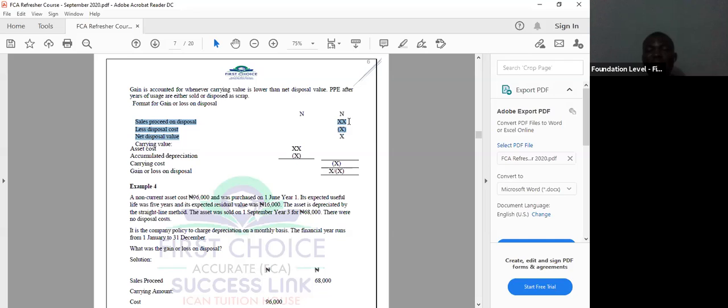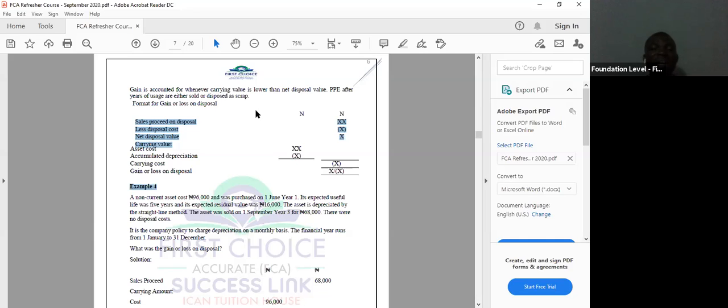Once you get your net disposal value, you now minus your carrying amount from it. And what do you understand by carrying amount? Carrying amount is the cost minus accumulated depreciation. I didn't say cost minus depreciation. I said cost minus accumulated depreciation.